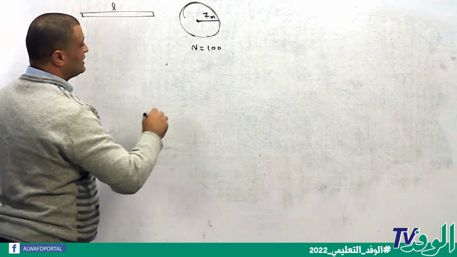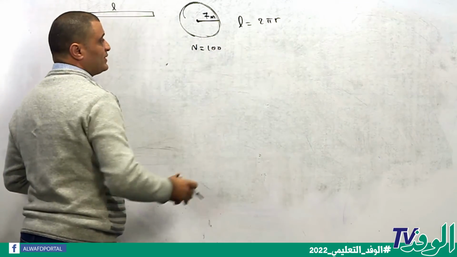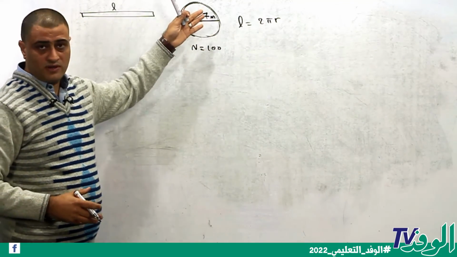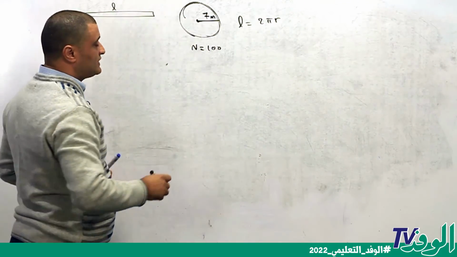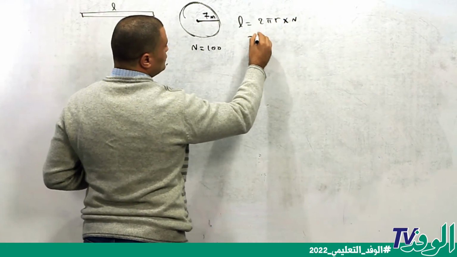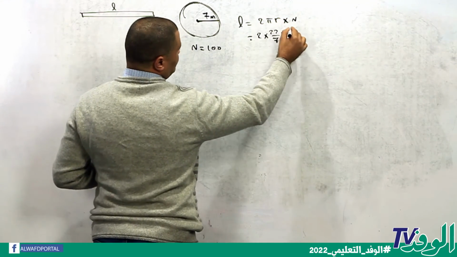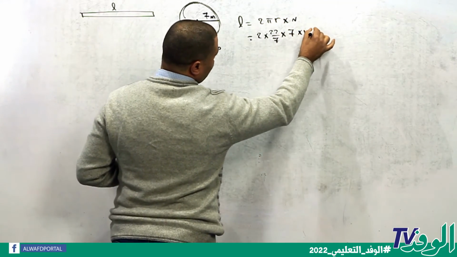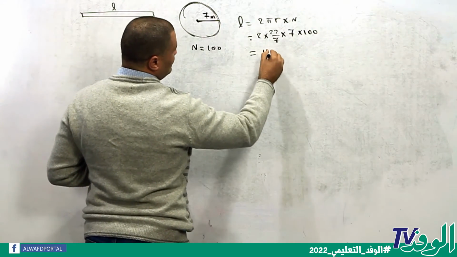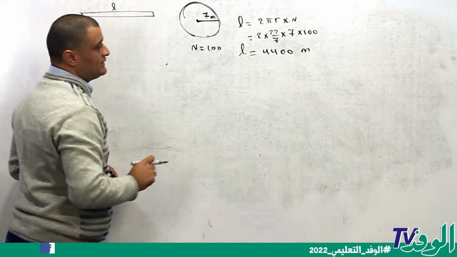The length of the wire, L, equals 2 pi r, which expresses the circumference of the circle, multiplied by n. So 2 multiply 22 over 7, multiply r 7 meters, multiply 100 will equal 4400 meters. It is the length of the wire.